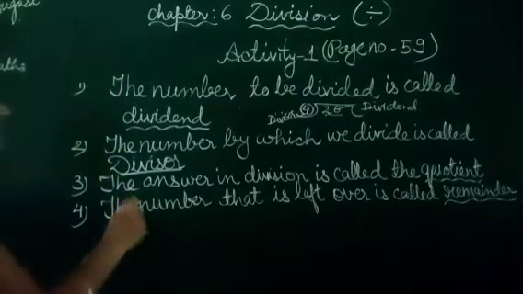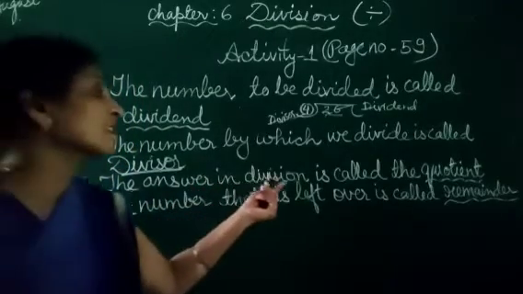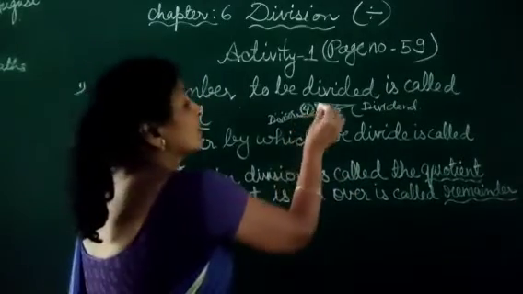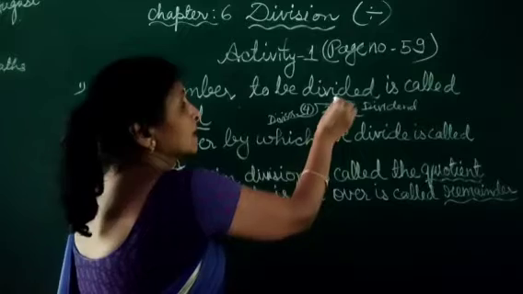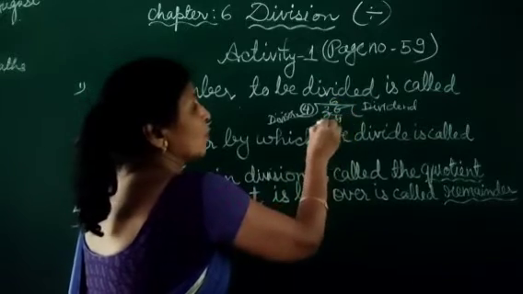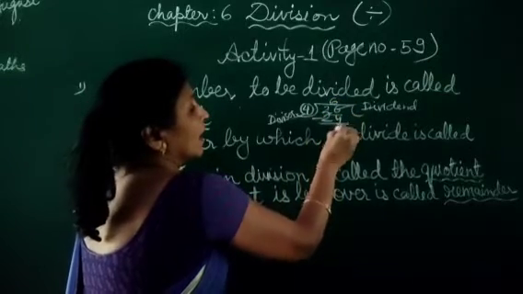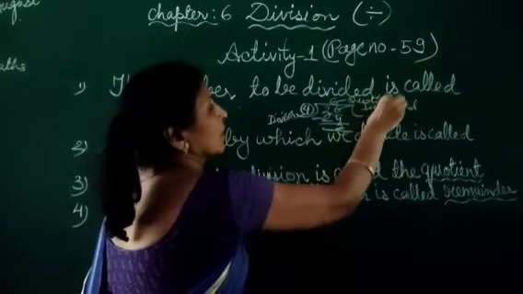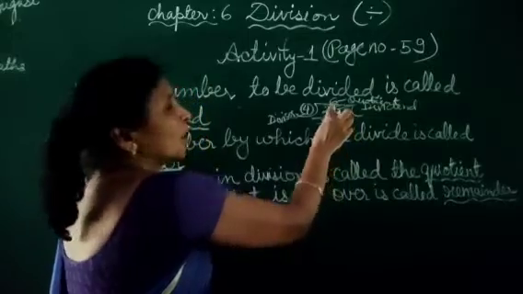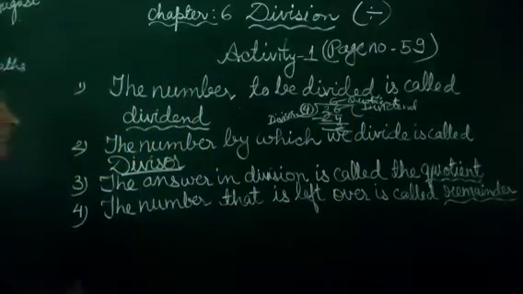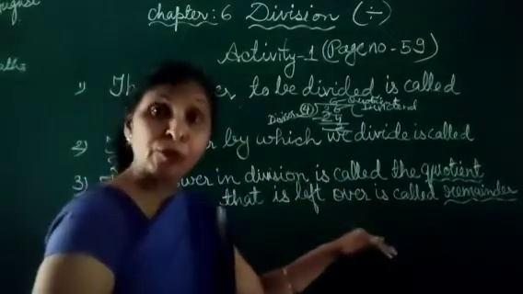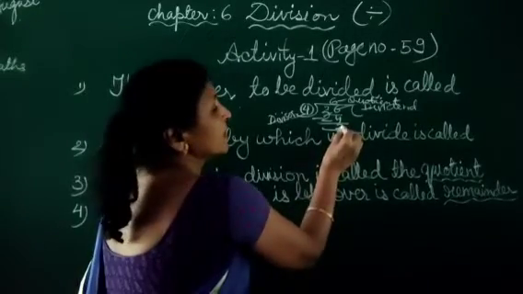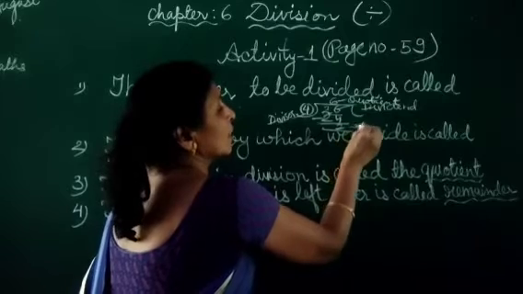The next is the answer in division, which is called the quotient. When we divide, 4 6s are 24. So this is the quotient, and the number that is left over is called the remainder.